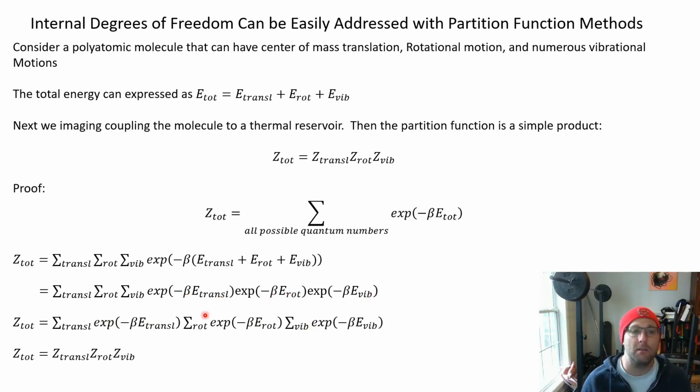That makes it easy because now we've separated everything out, and the total partition function is just the partition function for the translations times the partition function for the rotations times the partition function for the vibrations, just like we wanted. This is a really easy tool to use to include internal degrees of freedom in your statistical mechanics picture, a lot easier than having to use some complex geometry in phase space.